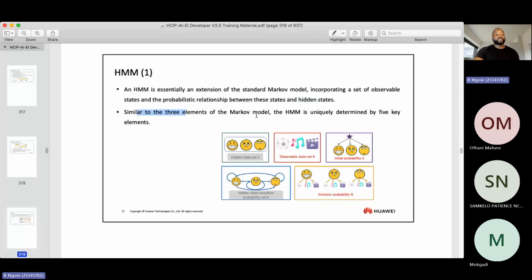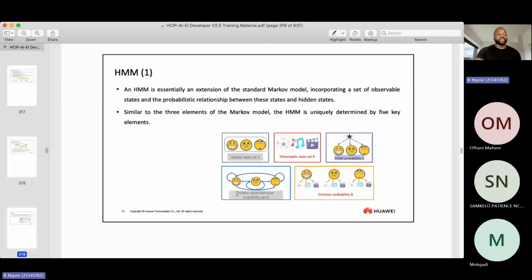Similar to the three elements of the Markov model, the HMM is determined by 5 key elements. We have the hidden states set, S, right? We have the observable states set, which we represent by R. We have the initial probability.